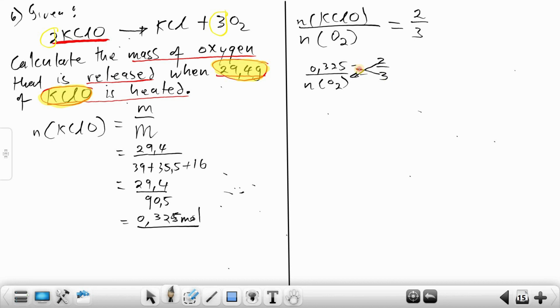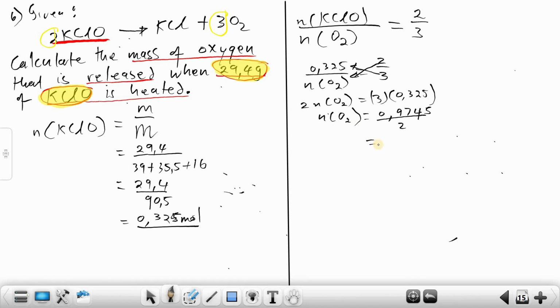Cross multiply, I have 2n of O2, which is equal to 3 multiplied by 0.325, which will mean that if I multiply this by 3, I am going to get something like 0.9745, and then divide this by 2, because I want to have only the number of moles of oxygen.